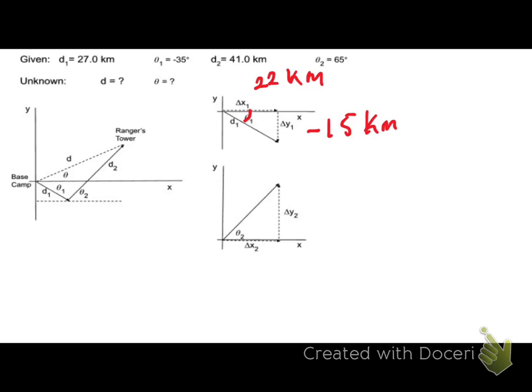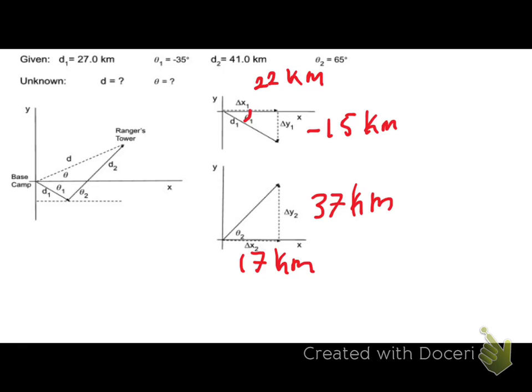Okay? Then, if you are solving on day 2, you're still using cosine for delta x because it happens to be adjacent to the angle. That won't always be the case, so always double check. But you are indeed still using cosine, and it should come out to be roughly 17 kilometers. And then the delta y should come out to be 37 kilometers.